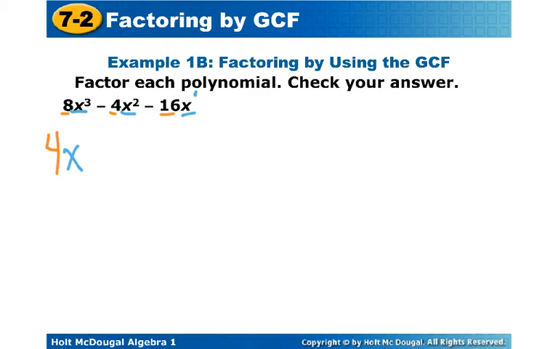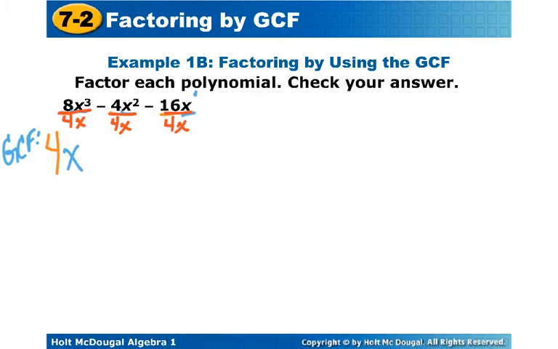So that means my GCF here is 4x, okay? So your GCF is 4x. Now remember, I said you're simply taking each of these terms and dividing it by that greatest common factor.